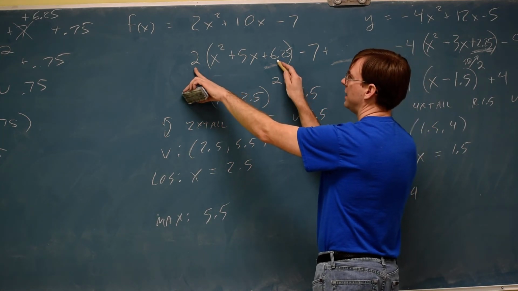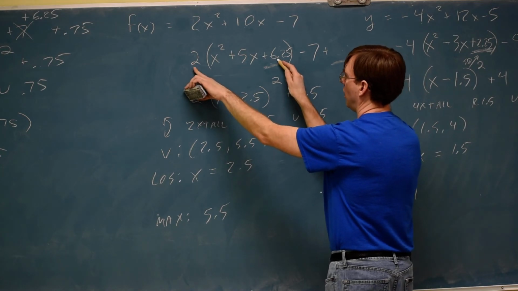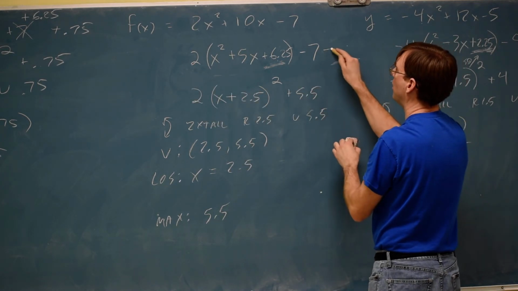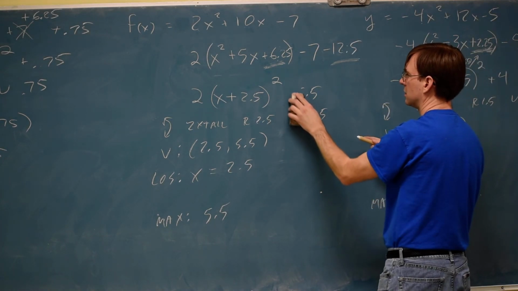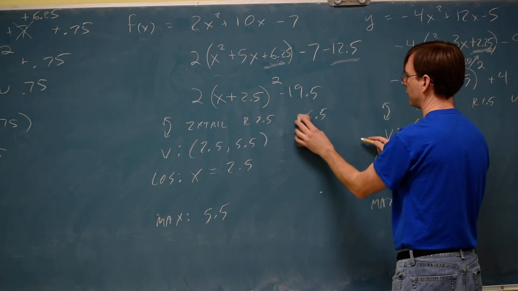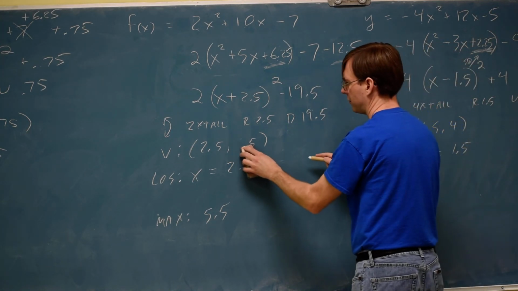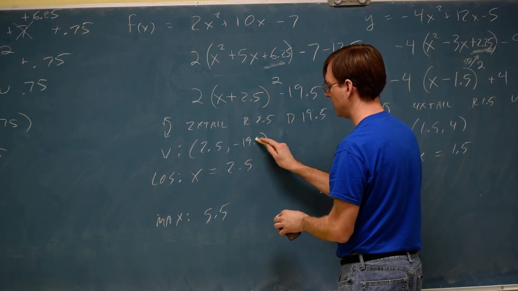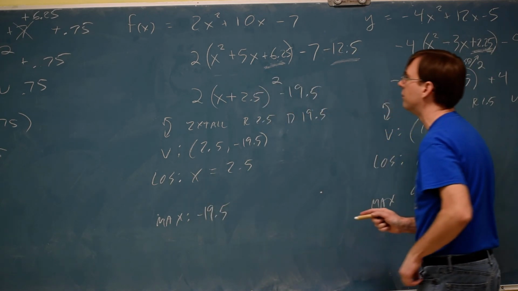When we multiplied these, the 12.5 would have been a positive 12.5. I would have to subtract 12.5 to pay for that and get a negative 19.5, which would have been down 19.5, negative 19.5.